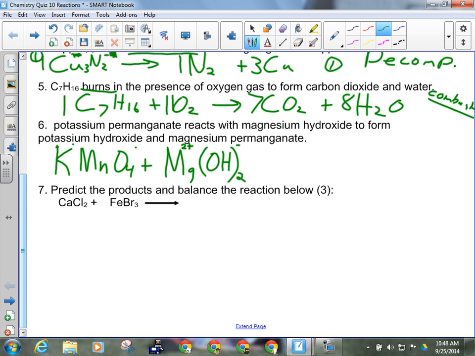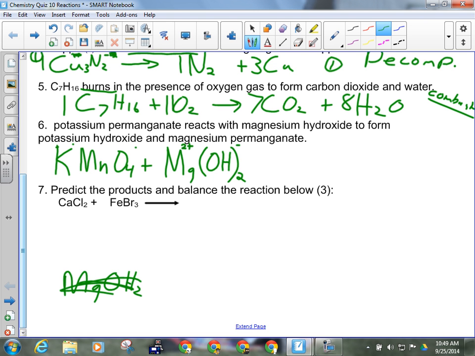That's got to be Mg(OH)2, and they must have the brackets. I saw it written like this on several sheets. That is not the same thing. That is 1 magnesium atom, 1 oxygen atom, and 2 hydrogen atoms. This is 1 magnesium atom, 2 oxygen atoms, and 2 hydrogen atoms. They are different. And that way is the correct way.